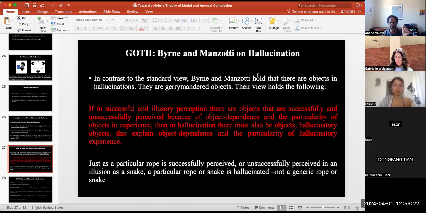Just as a particular rope is successfully perceived, or unsuccessfully perceived in an illusion as a snake, a particular rope or snake is hallucinated, not a generic rope or snake.